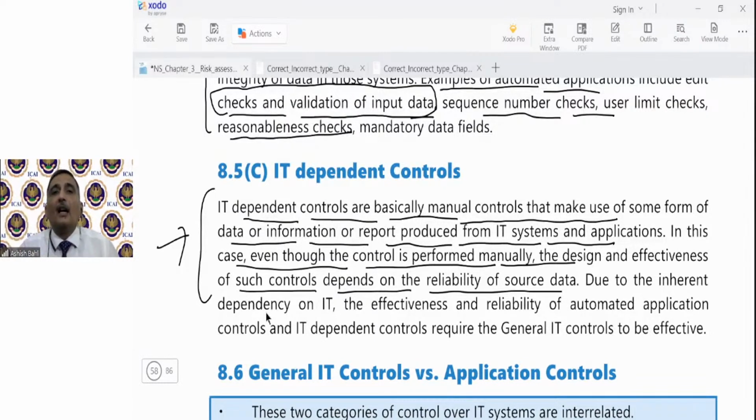So if the output generated by the IT system is inaccurate, then obviously the decisions taken on the basis of those reports would also not be proper. Okay, guys? So clear, students?